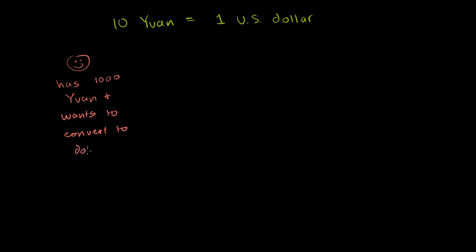If we just superficially looked at this 1,000 yuan and looked at the quoted rate, we'd say, hey, you get 10 yuan per dollar, so that should be $100 at the quoted rate.